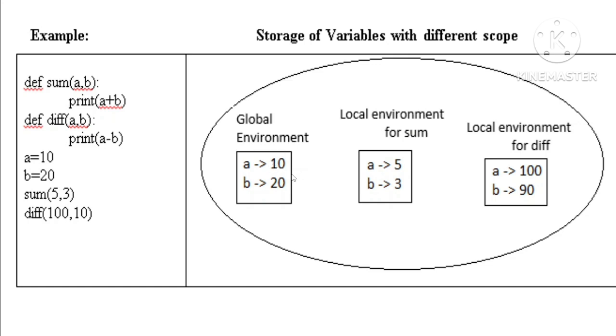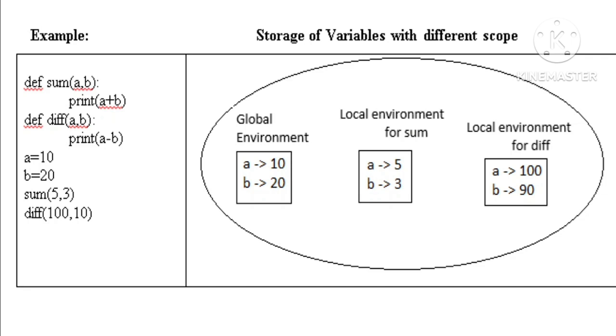So wherever you give the print command, first it will follow the LEGB rule. In that place, whatever is the variable available, it will print it. If it is not available in the local area, then the global variable will get printed. Okay. So the rule that is followed for scope of a variable is the LEGB rule. L stands for local, G stands for global.